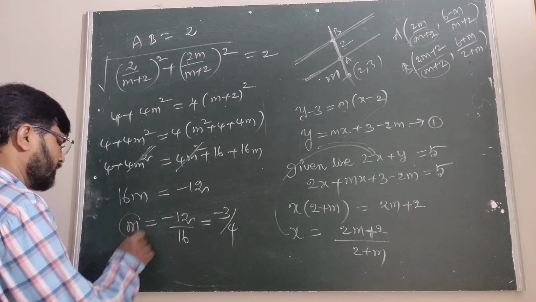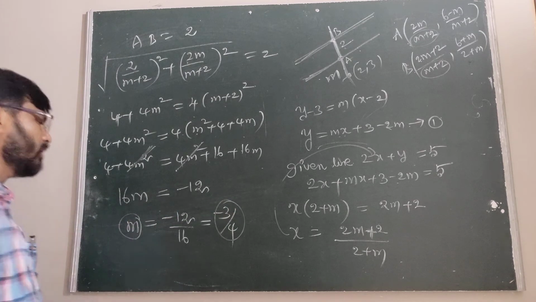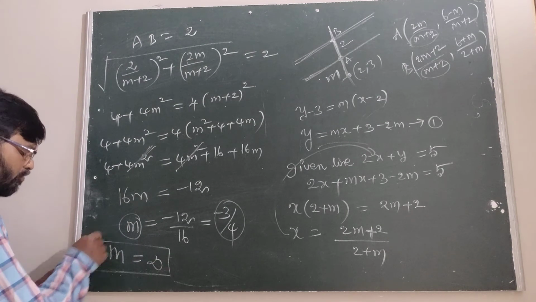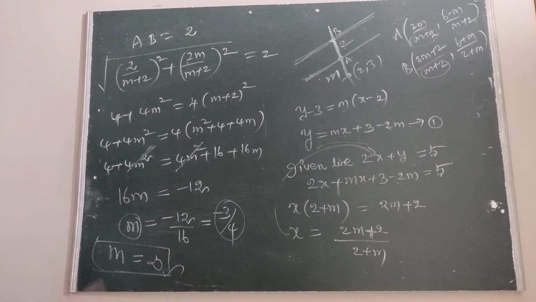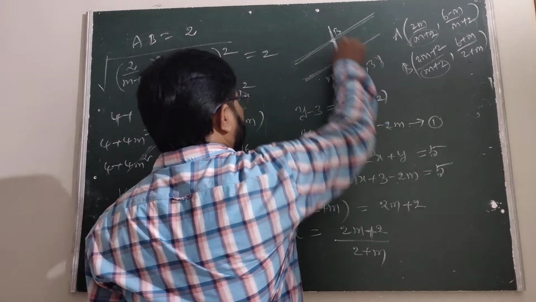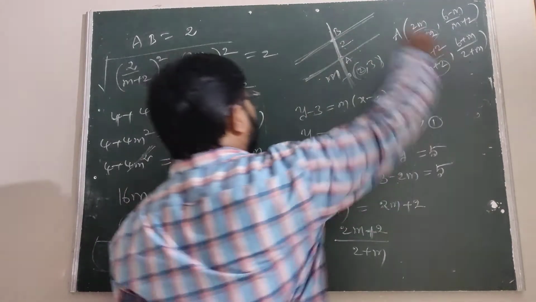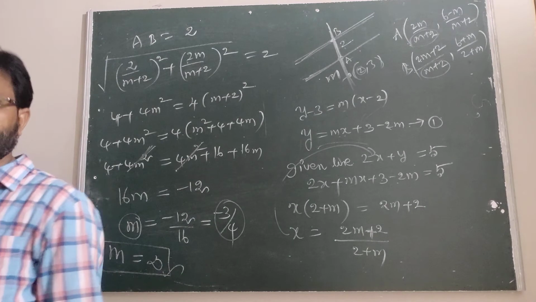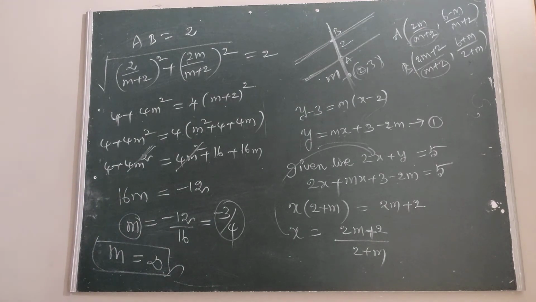Therefore we got m is minus 3 by 4 and the other one is m equal to infinity. When we take m equal to infinity, the x coordinate of the point is a straight line. That means one of the lines is x equal to 2, and the other line has the slope minus 3 by 4.